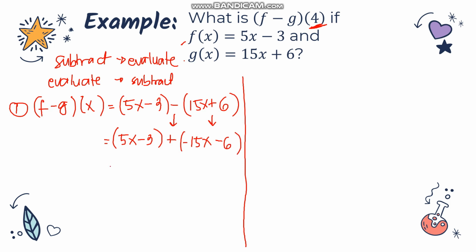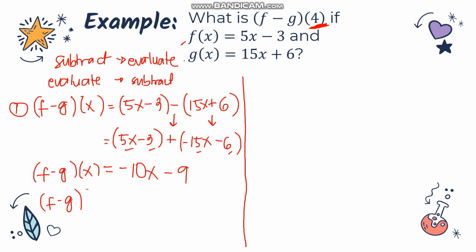Now after that, all you have to do is to proceed with addition, or we can now simplify. So we can add 5x plus negative 15x. That will give us negative 10x. We can also add negative 3 and negative 6. That will give us negative 9. So this is now f minus g of x. But since we have 4 here, that means we have to evaluate the given function at 4.